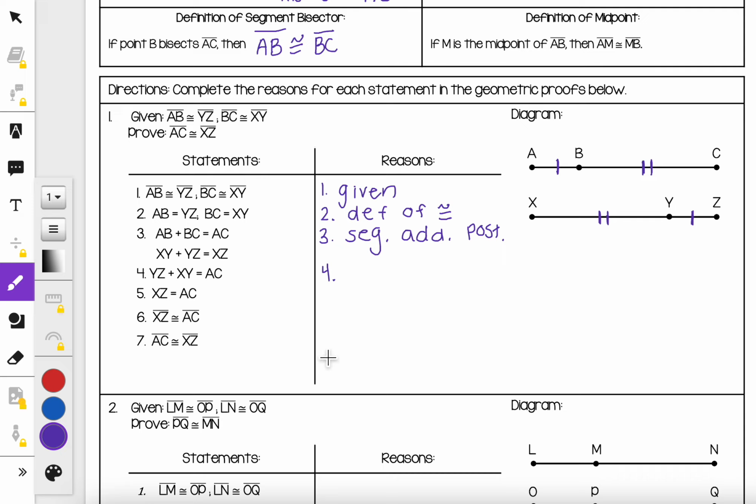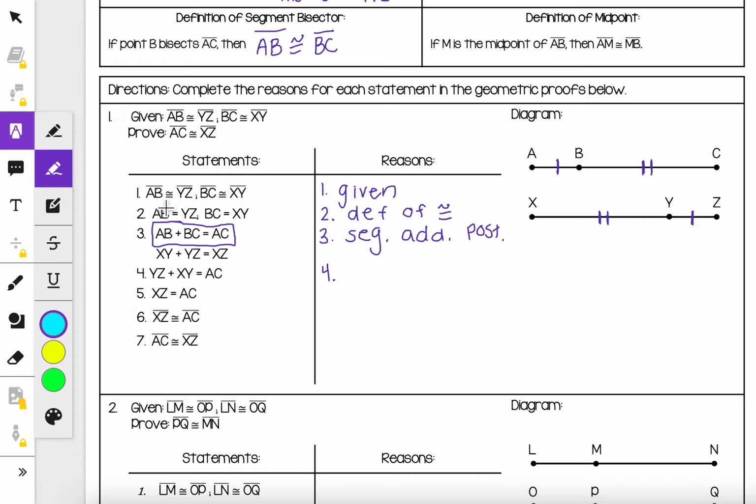Okay, now this is where we're going to get into our substitutions. If you have a highlighter or colored pencils, I think color coding these is very helpful. So I'm going to take a look at this first segment addition postulate equation, AB plus BC equals AC. And line 2 tells me that AB is equal to YZ.